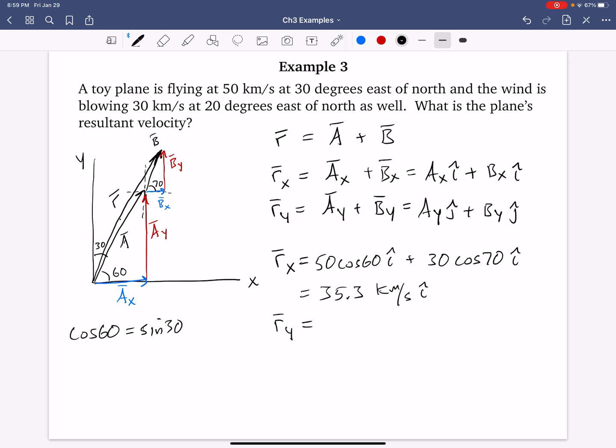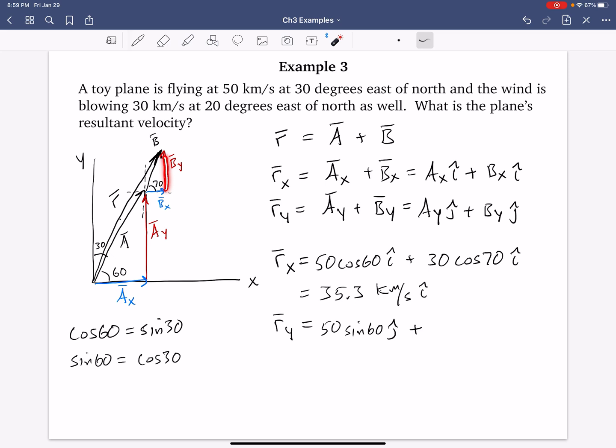Right. For the y direction, we have ay, which was the magnitude of a. Again, it's 50. In the y direction, that's sine of 60 now. And just to be clear, sine of 60 is the same thing as cosine of 30. And then moving on with our last term, by.